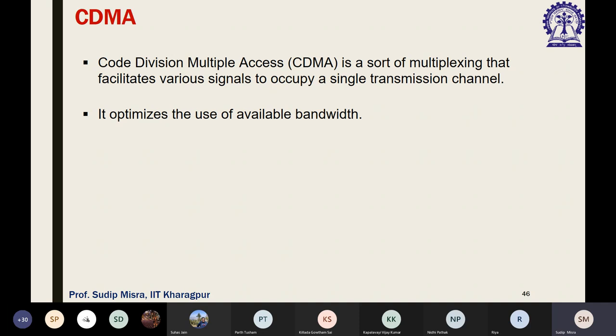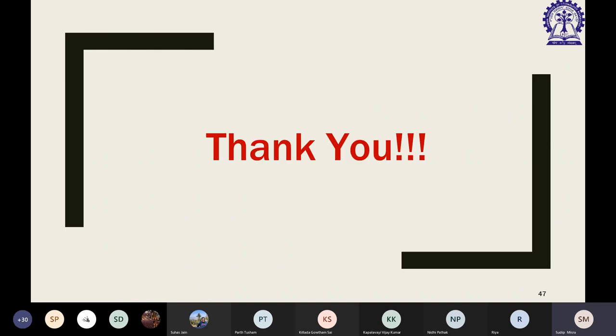Code division multiplexing uses certain things called codes. Every station which wants to send a frame will have access to a particular code, and using that code only it will be able to send the frames. So CDMA uses that kind of mechanism.